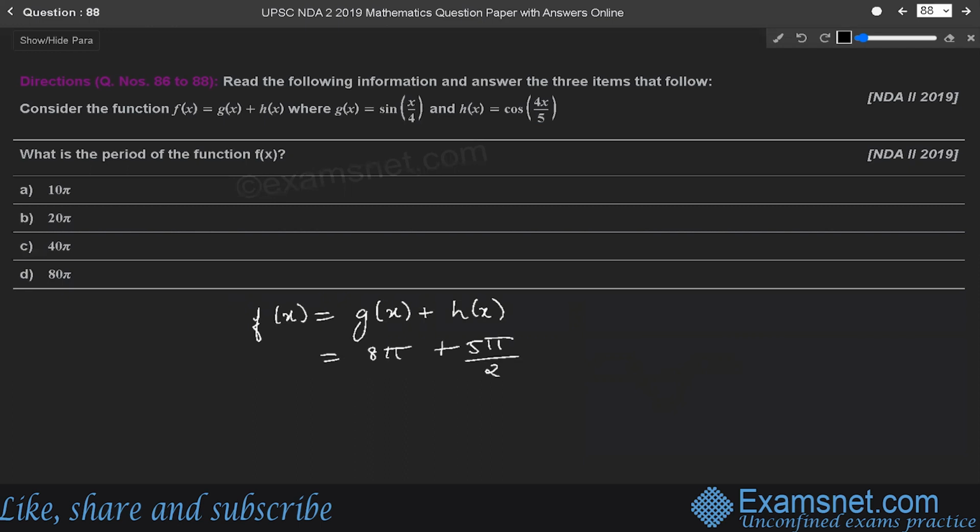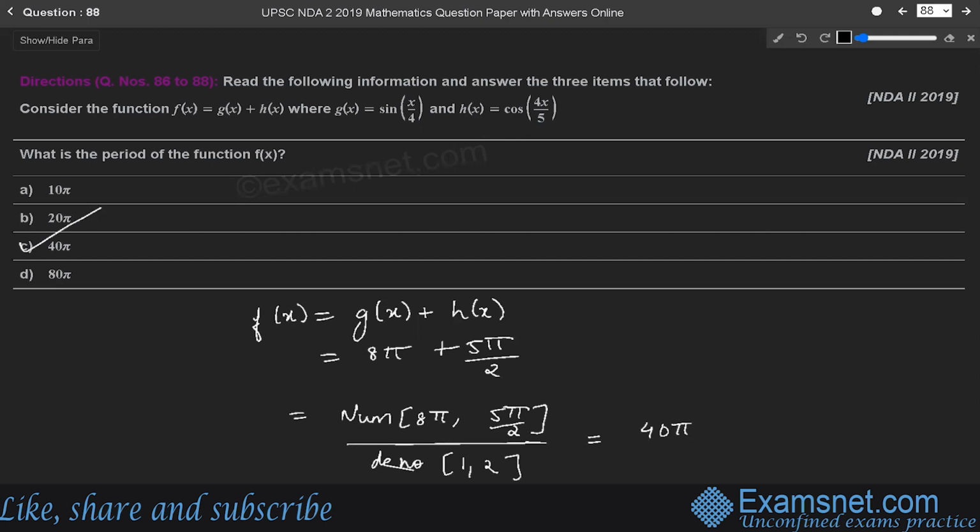Now, taking the LCM of 8 pi and 5 pi by 2, the period will be equal to the LCM of the numerators, 8 pi and 5 pi, divided by the HCF of the denominators, 1 and 2. So it will be equal to 40 pi. Therefore, we can say that the correct answer for this question is option number C, which is 40 pi.